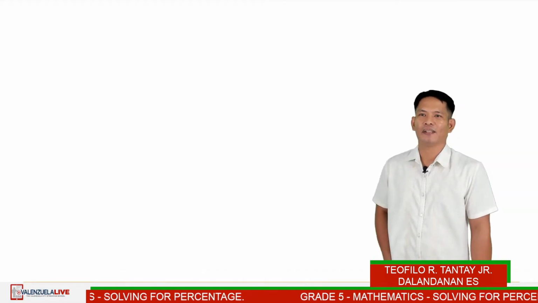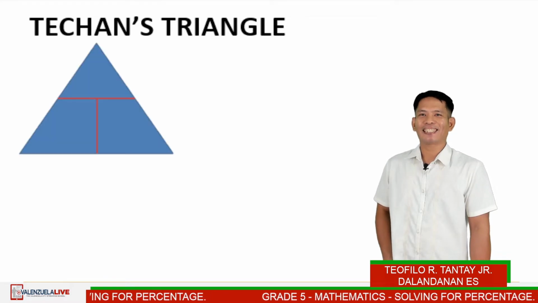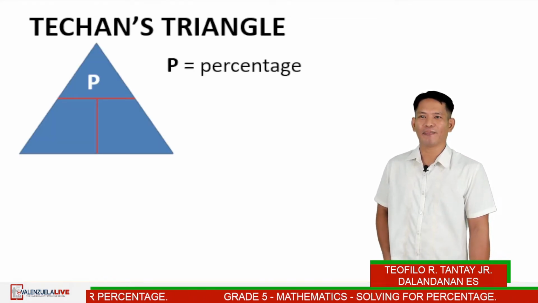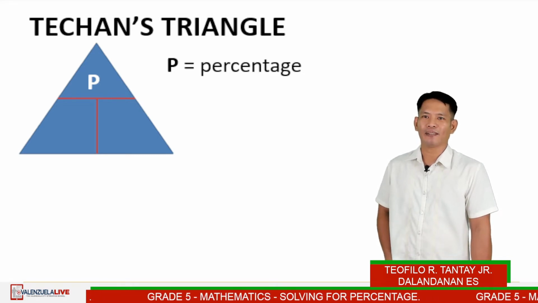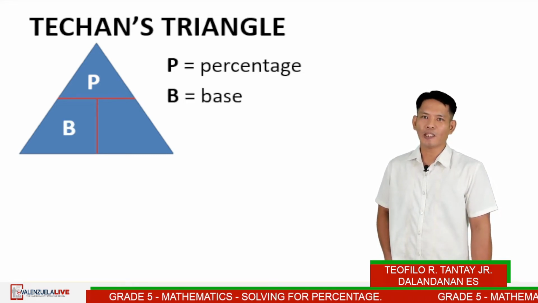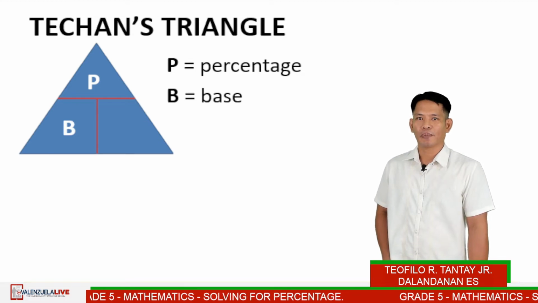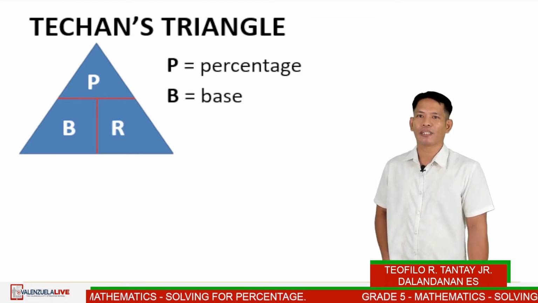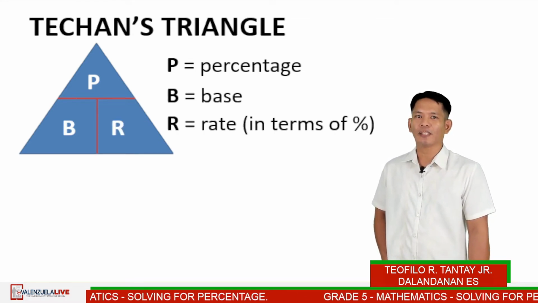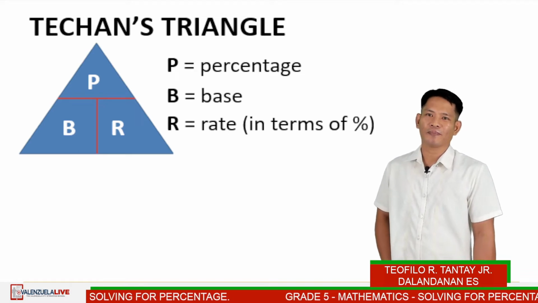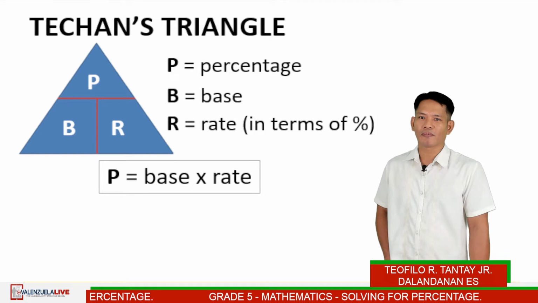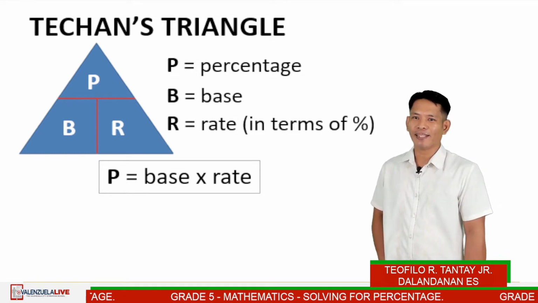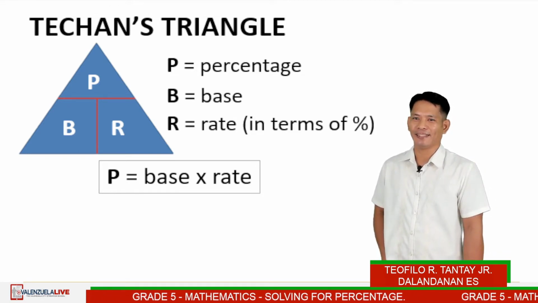Of course, in our percentage triangle, we have the three elements of percentage, which are the base, the percentage, and the rate, which is in terms of percent. In solving for the percentage, we need to multiply the base and the rate.